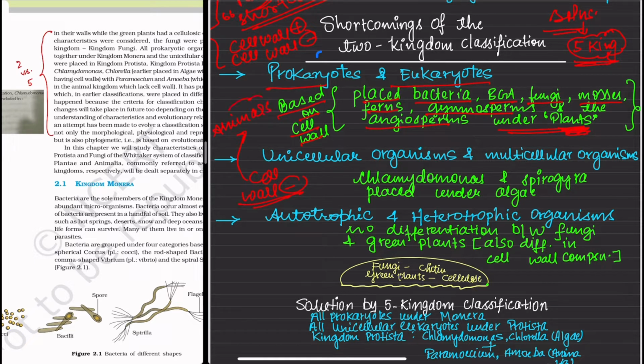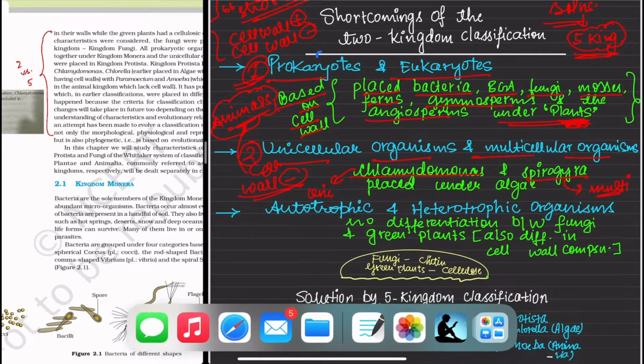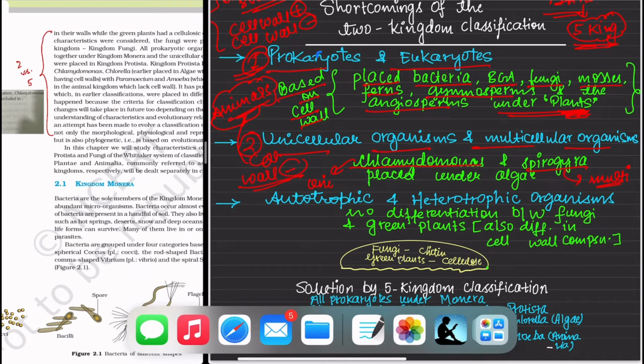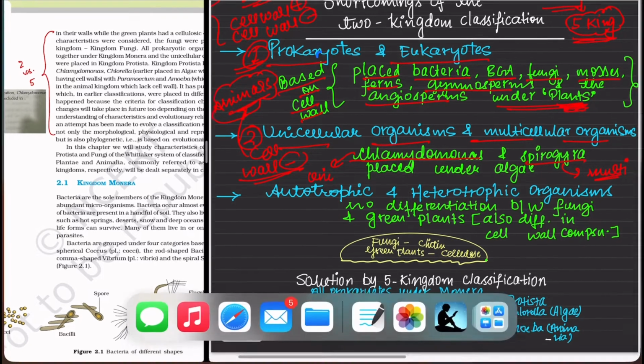Prokaryotes and eukaryotes. Second shortcoming, unicellular organisms and multicellular organisms. So Chlamydomonas is unicellular, and Spirogyra is definitely a multicellular organism. Some say Spirozyra, but I said from childhood Spirogyra, so let it be Spirogyra.